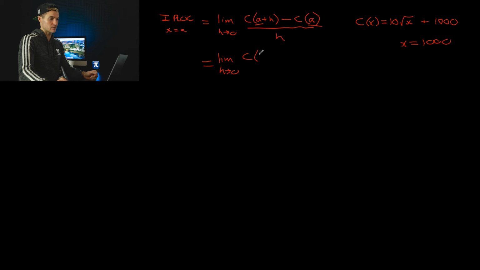So this is going to be what? C of 1,000 plus h minus C of 1,000, like that, and that's going to be all over h.